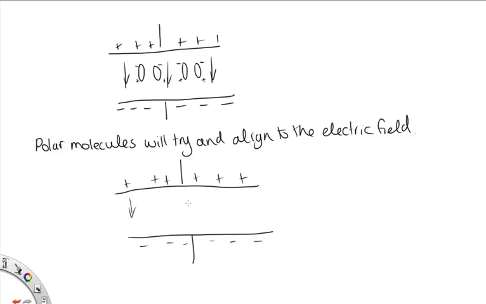When you put non-polar materials into an electric field, you can actually get an induced polarity. So say we had a nice symmetric molecule like carbon dioxide. If you put it in an electric field so that you've got a positive electric field here and a negative electric field here, the electrons will actually rearrange themselves so that they're slightly closer to this end here. So we'll end up with the electrons here and a more positive charge down here.